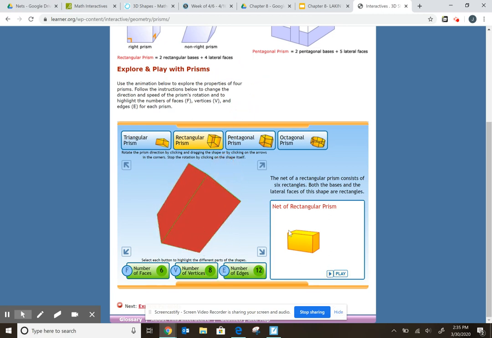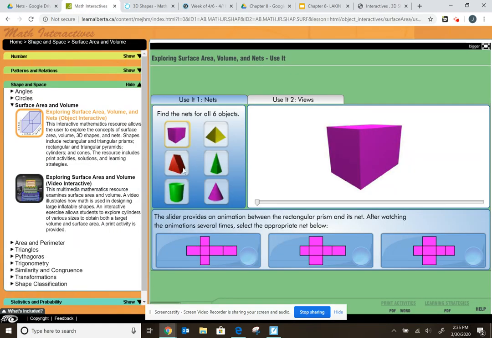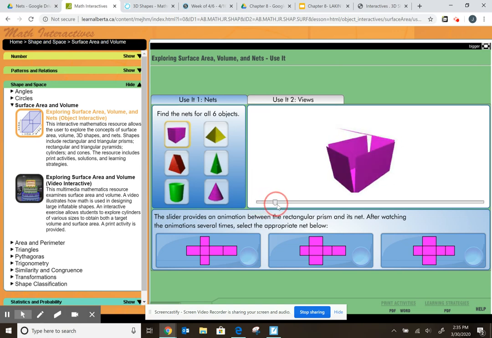So I'm going to show you this one here, and then we'll play with another one of what that looks like when it gets unfolded. So this is basically what the net of a rectangular prism is going to look like. Let's pop on over to this other one, and I can show you again what it looks like as we are unfolding that rectangular prism into a net.